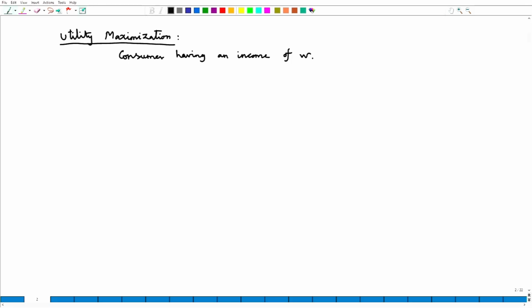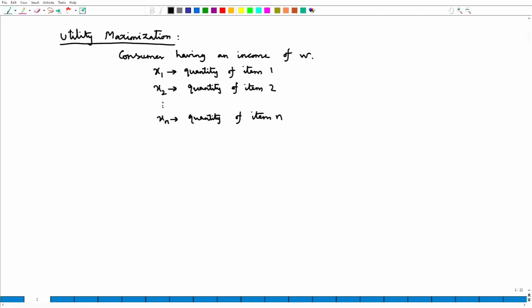So, let us say there are n items and x1 is the quantity of item 1 that he buys, x2 is the quantity of item 2 that he likes to buy, dot dot dot xn is the quantity of item n.